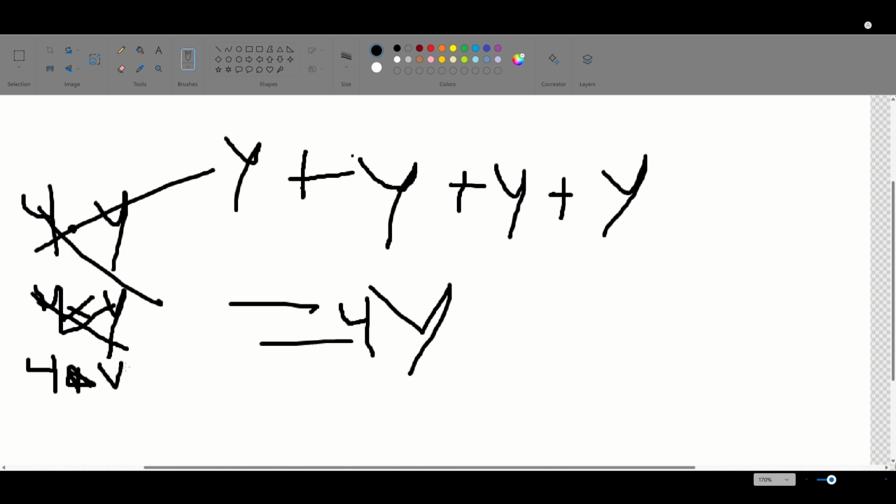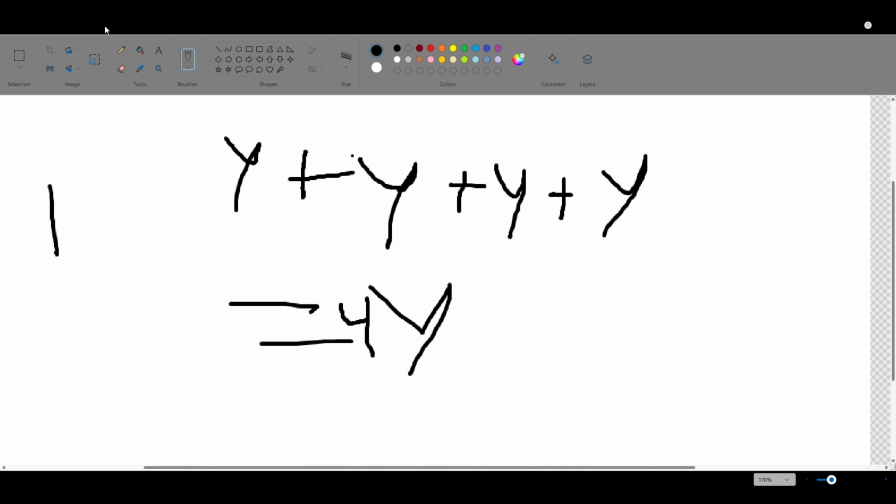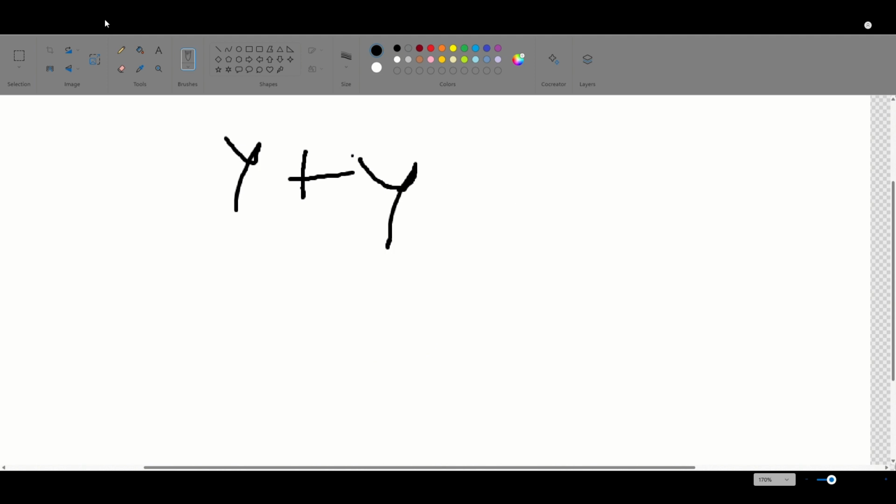You're gonna want to drop these out because these kind of use up space. So you would just do 4y. Okay, sorry, it got cut out again. It's just kind of confusing with this PC.